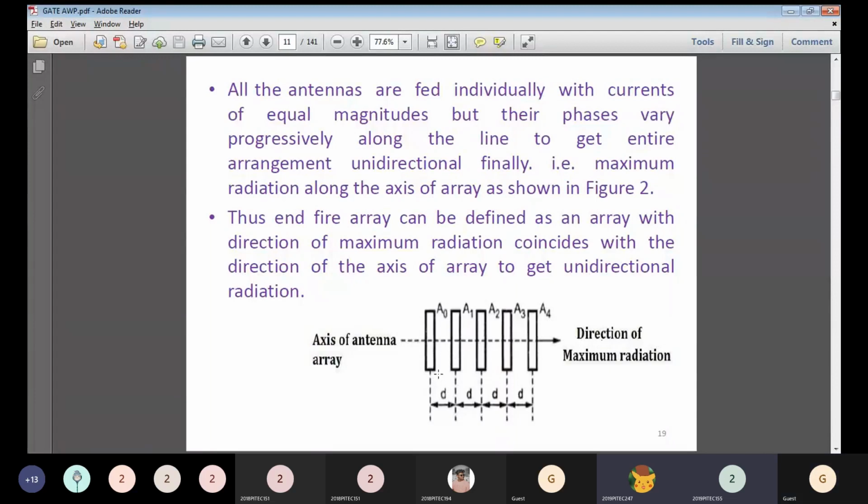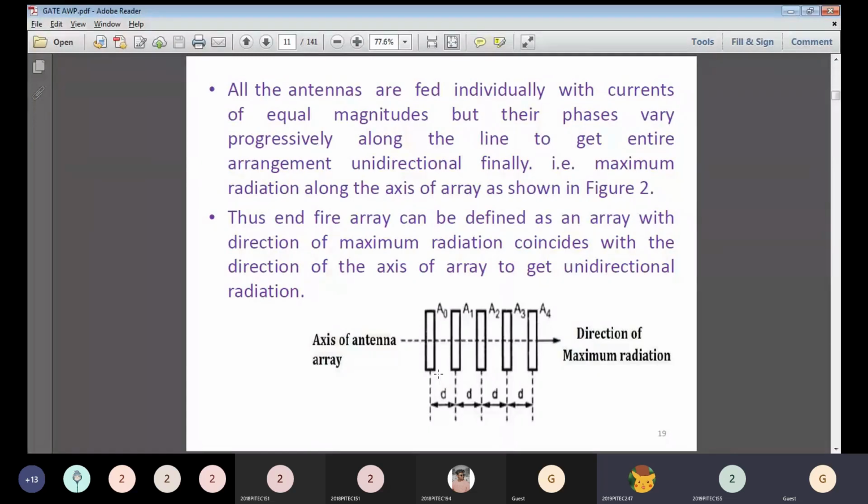The main thing you have to understand: in broadside array, the radiation will be happening towards the perpendicular direction. But in the case of end-fire array, the radiation will coincide with the axis of the antenna array.